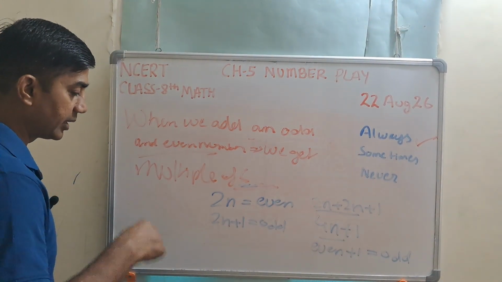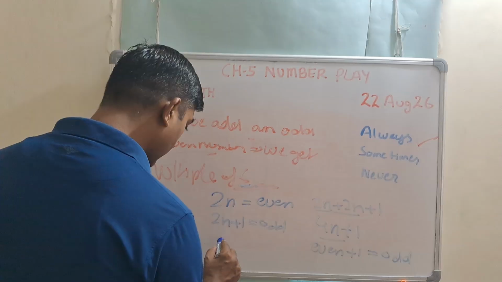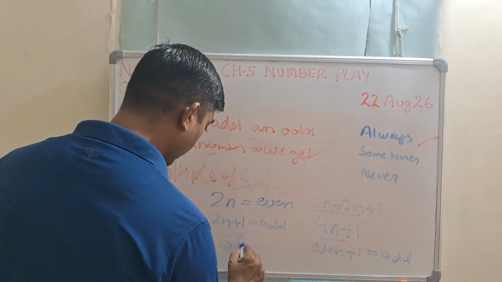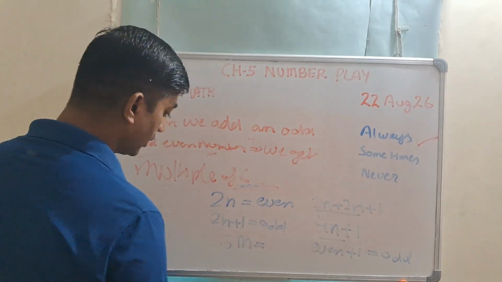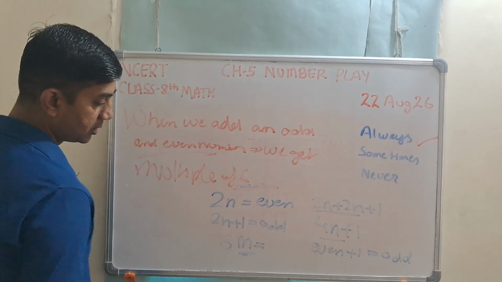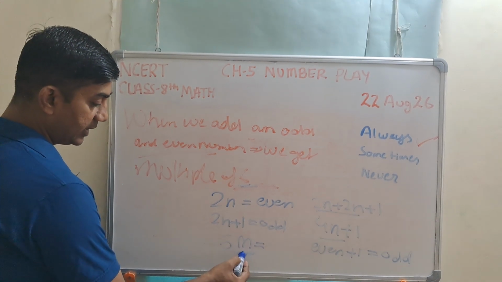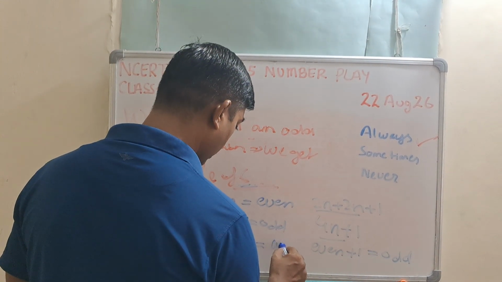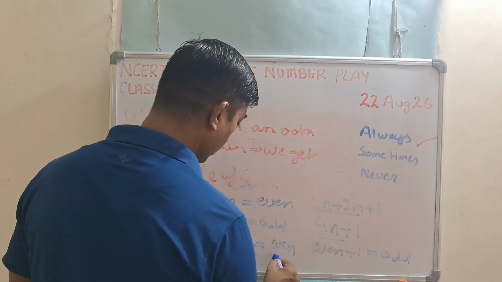And a number which is a multiple of 6, we have to check this. A number which is a multiple of 6 will be 6m, we can say that. Understood? 6m means it is a multiple of 6, and this number is always even.